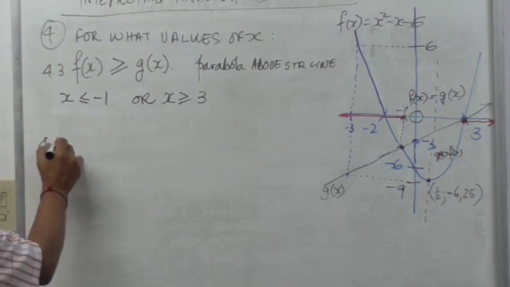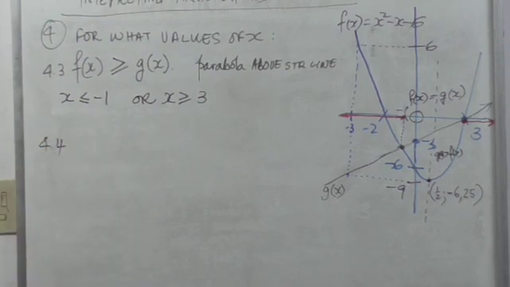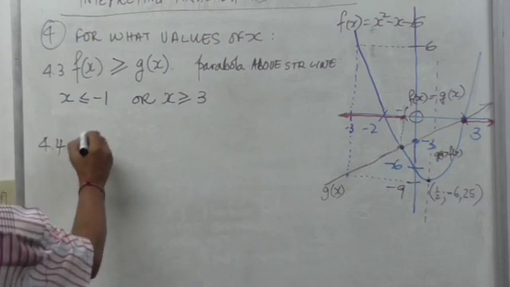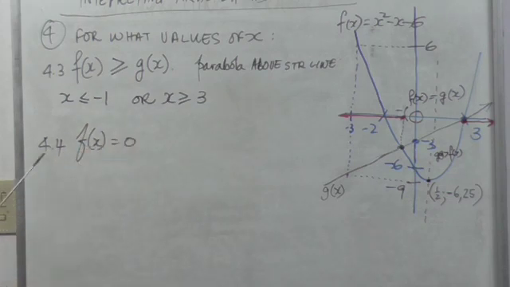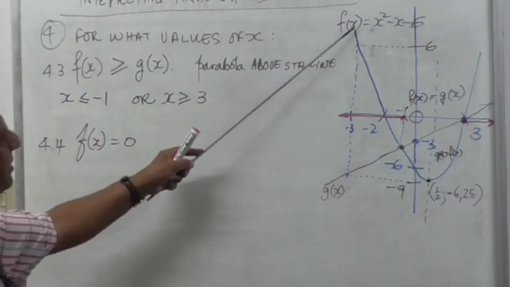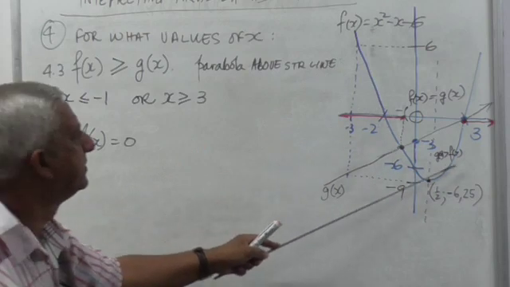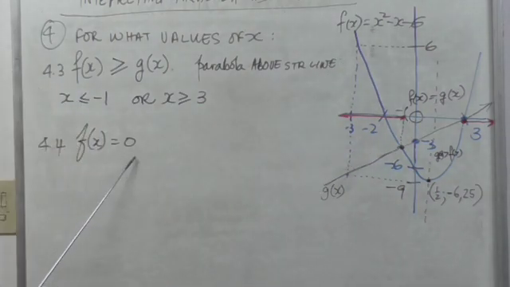Now let's look at 4.4. In 4.4, f of x is greater than 0. Or let's do first f of x is equal to 0. For what values of x is f of x equal to 0? This is the parabola. F of x is equal to 0. So what is this?